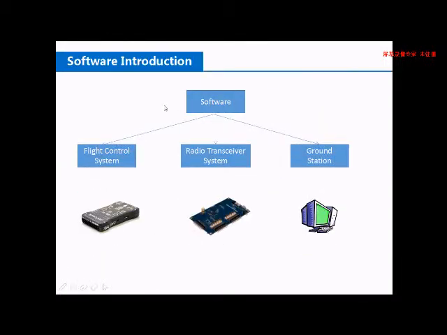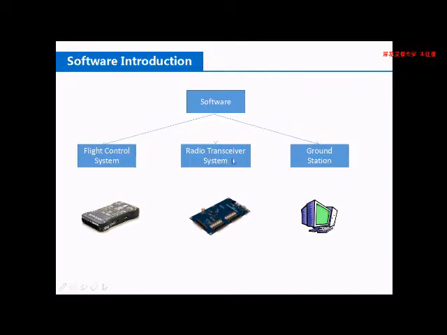And then I will briefly introduce our software. Our software is divided into 3 parts. Part 1 is the flight control system, which is installed in the flight control board.